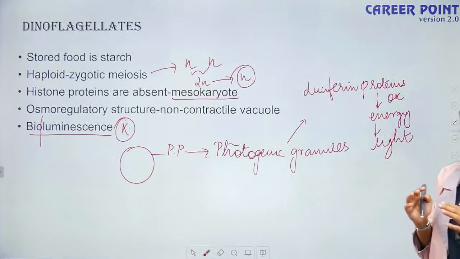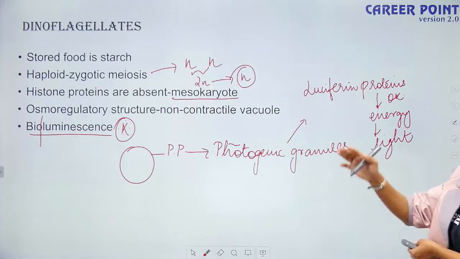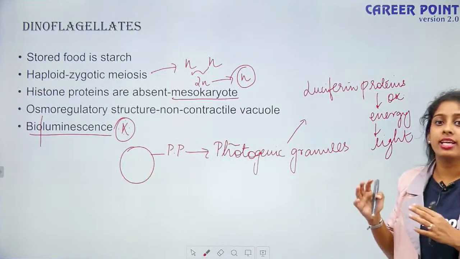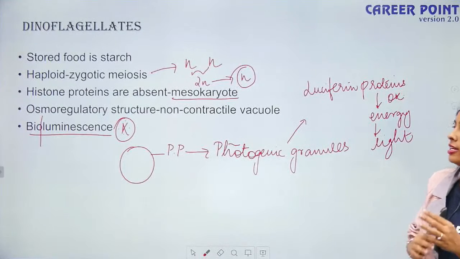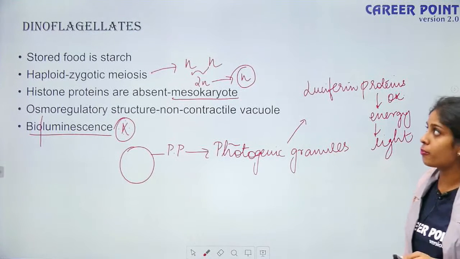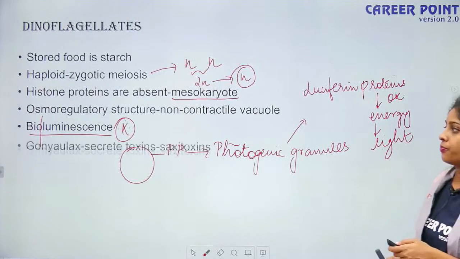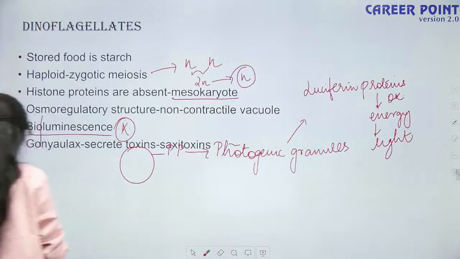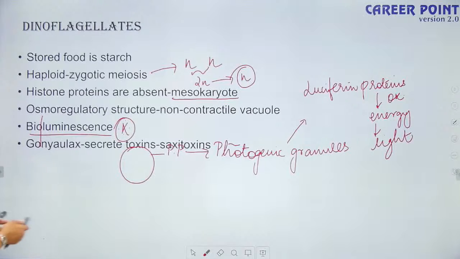So your light is now luminescent, it is visible, right? That is the principle of your bioluminescence. So your dinoflagellates, they can bioluminesce. Fine? Is that understood? That is one important point of your dinoflagellates. Yes, the toxin they secrete is saxitoxin. Fine, I hope it's clear.